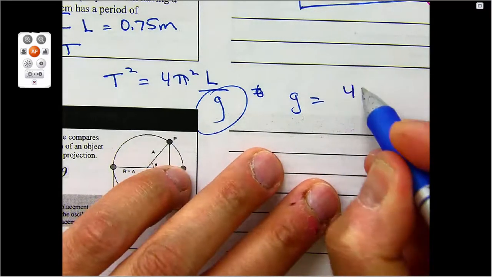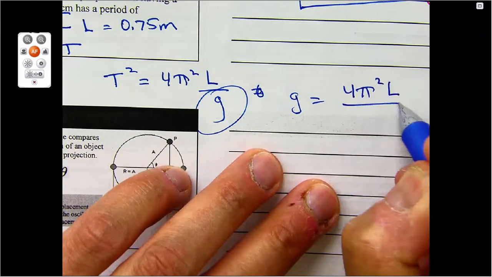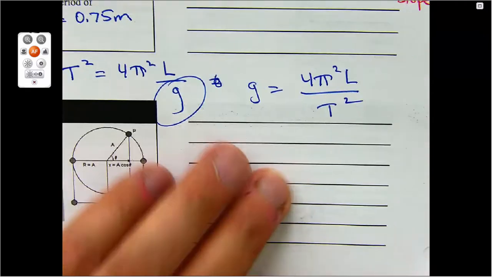G is going to equal 4 pi squared L over the period squared.